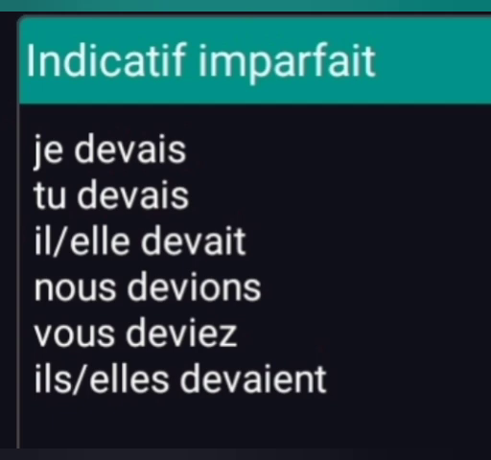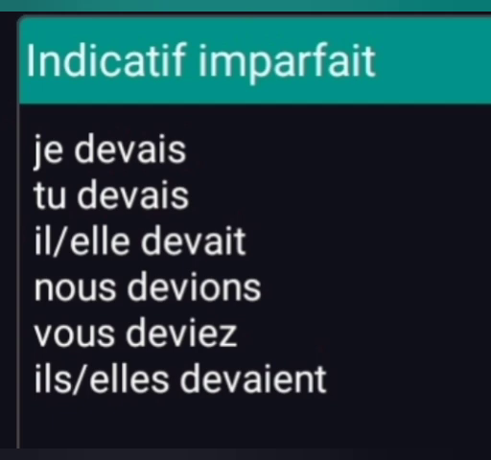Elle devait, she was to. Nous devions, we were to. Vous deviez, you were to. Il, elle devait, they were to. Remember the verb is to have to.